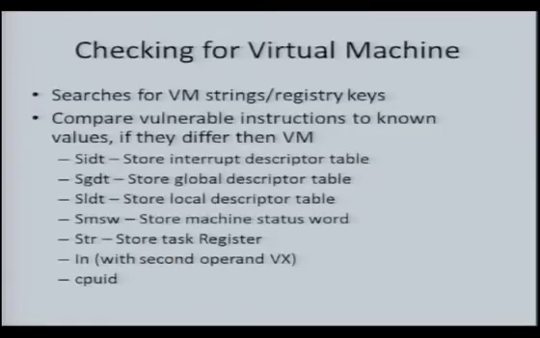There's a bunch of instructions that VMware might use, but they're not common instructions to be found in a regular program. So if you start seeing system calls or system checks to see if the memory locations for certain system calls are different than known values, then it would deduce from there that it was being run in a VM.